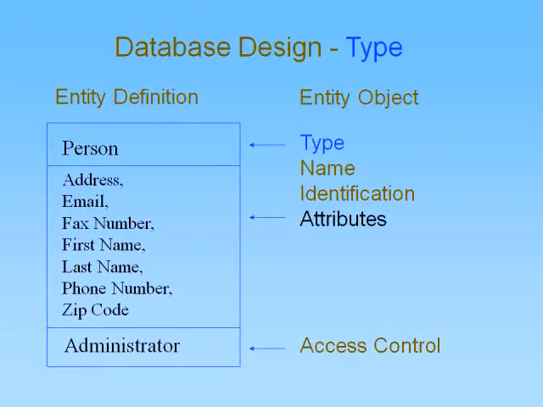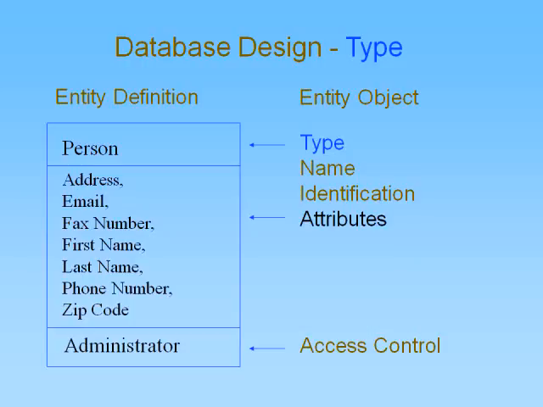When defining a type, we define the type's name, in this example, person. Then add attributes such as address, email to the type. We can also restrict the access to this type of objects to certain roles such as administrator.